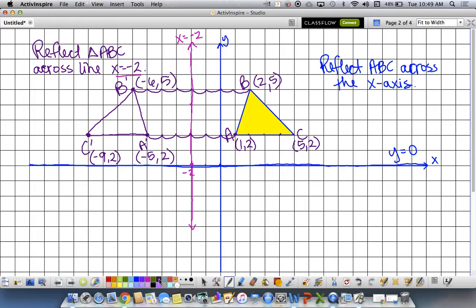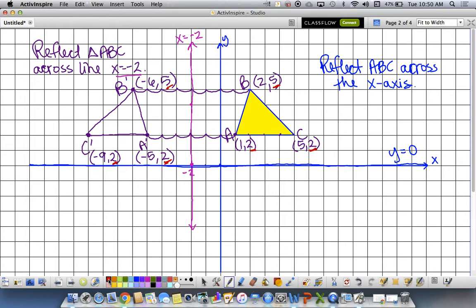Okay? Now, just looking at A, B, C and A prime, B prime, C prime, what didn't change when we did that reflection? From A to A prime, what stayed the same? Yeah, the y values. We only changed x's. Did this y change? What about this one? None of the y values change. When you reflect across a vertical line, all the y values will stay the same.